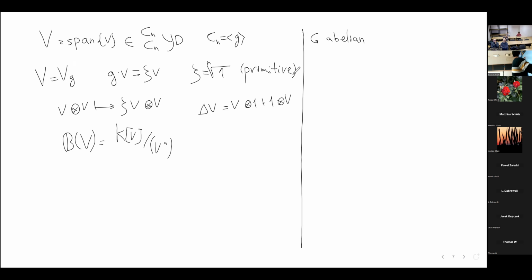But basically, we are going to have some basis for V, V1 up to Vn, such that Vi tensor Vj maps to Qij Vj tensor Vi, where these Qij are some non-zero scalars.